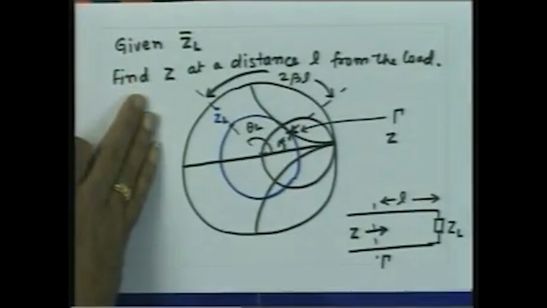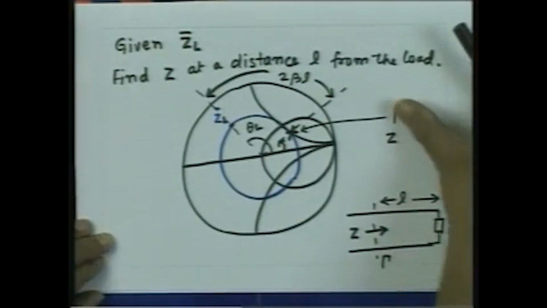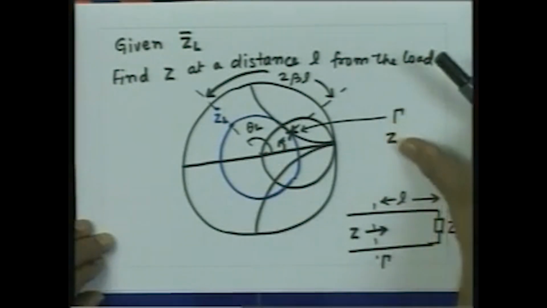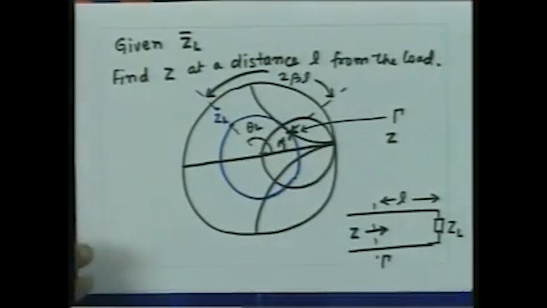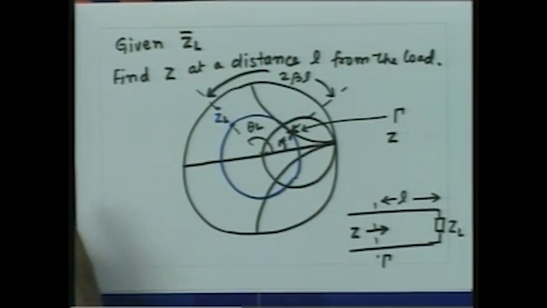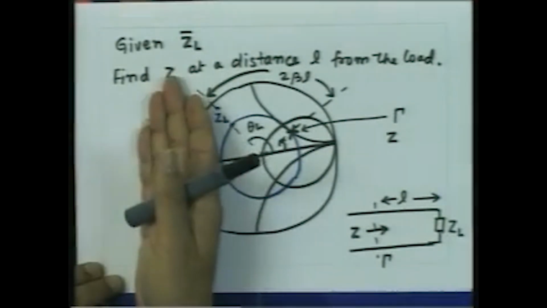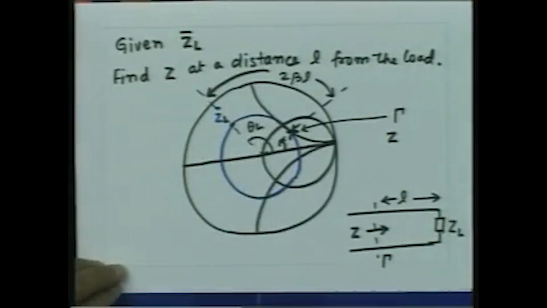If I now replace the impedances by the admittances, and I am not interested in the calculation of the reflection coefficient, only in the transformed admittances, then the axis for the reflection coefficient does not come into the picture. So, the procedure for transforming the impedance and the admittance is exactly identical.